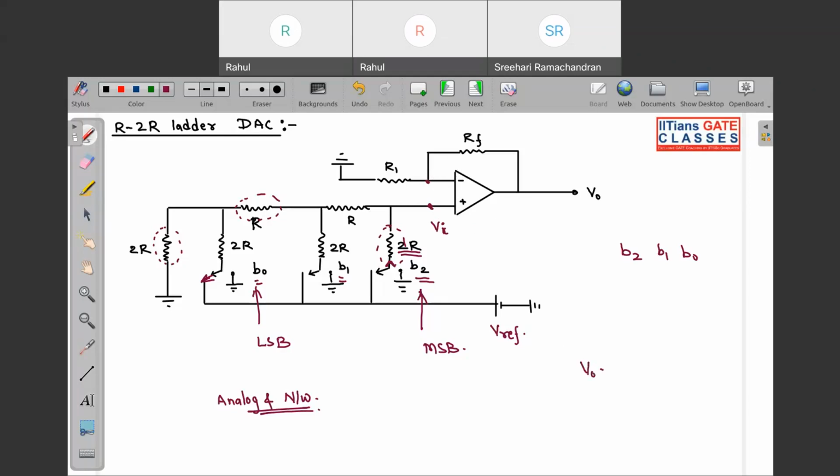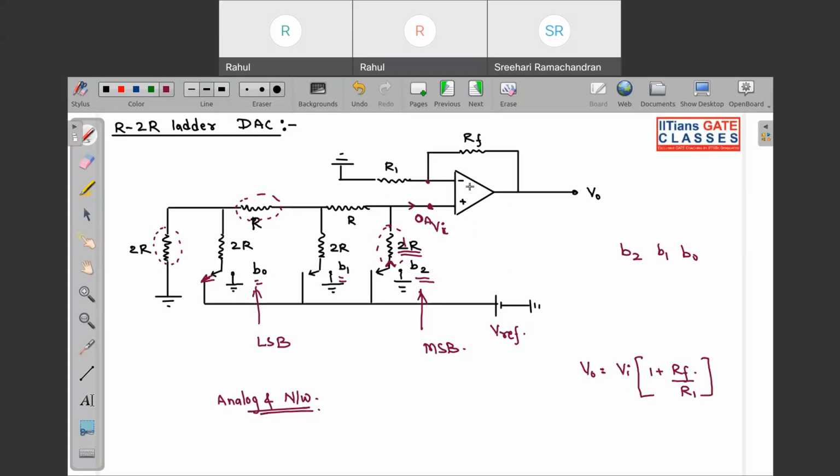So V naught will be equal to Vi times (1 plus Rf by R1). Okay, so Vi you need to calculate, and you can calculate it based on B naught, B1 and B2 and what is Vref. You will be able to calculate Vi. Just remember that current going inside an ideal op amp is always 0.